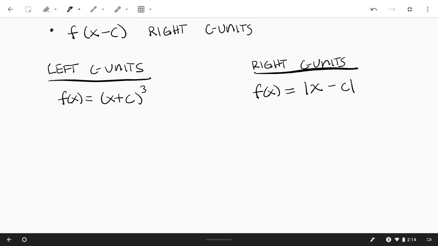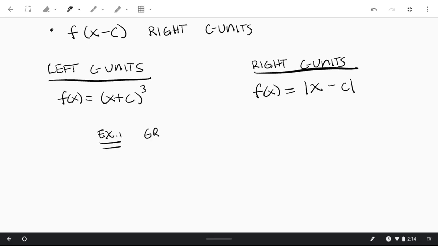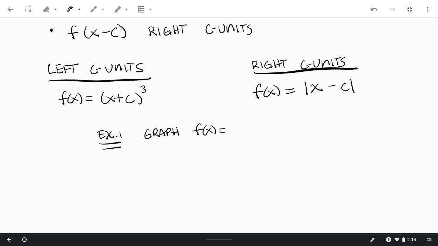So let's take a look at an example. Let's graph f of x equals absolute value of x minus 3.